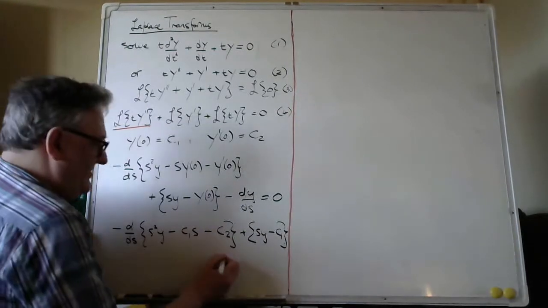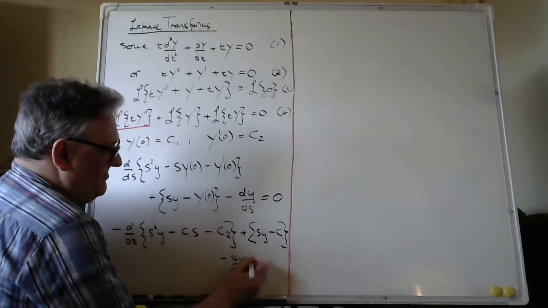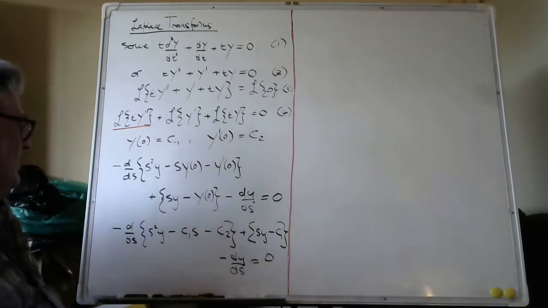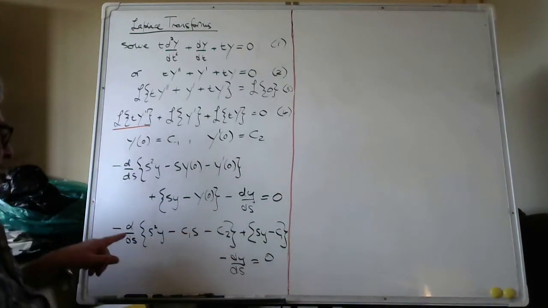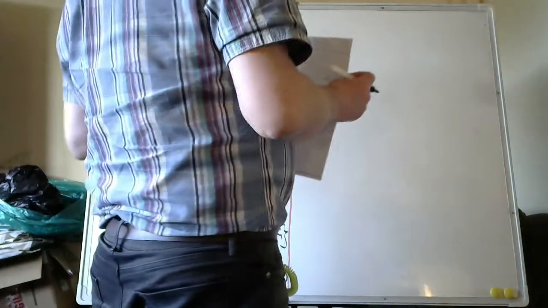And then we've got our minus dy by ds there, and that's equal to 0. Now all we have to do is differentiate this part on the left hand side to start simplifying the formula.